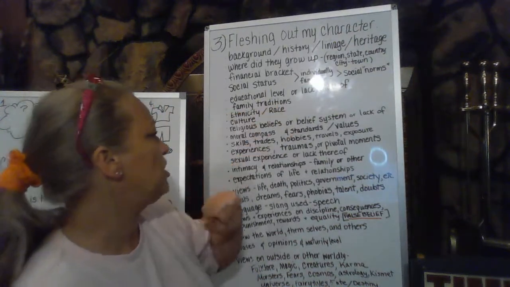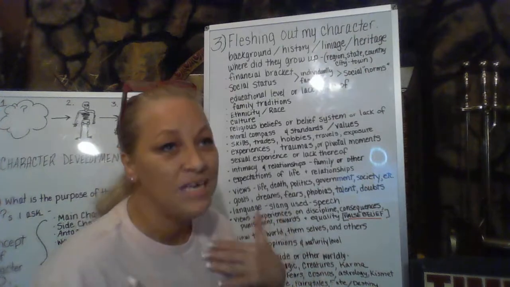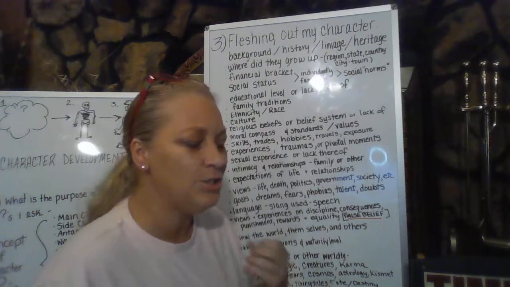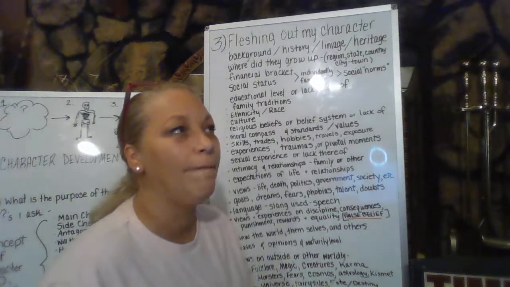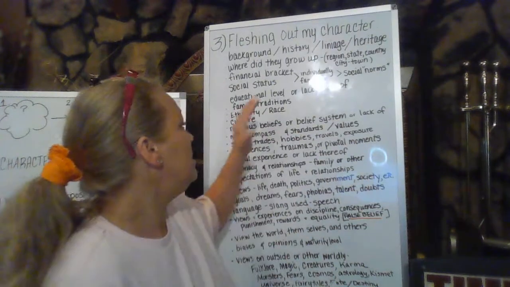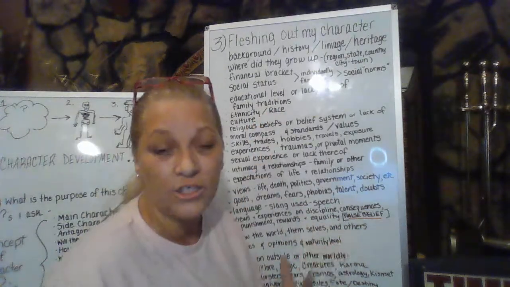Also, family traditions. I do like to include this because, me being from a family that did have traditions, I like to include those kinds of things in my books because it makes it feel more realistic to me. So I like to keep in mind the family traditions. This doesn't actually have to revolve around holidays or anything like that.